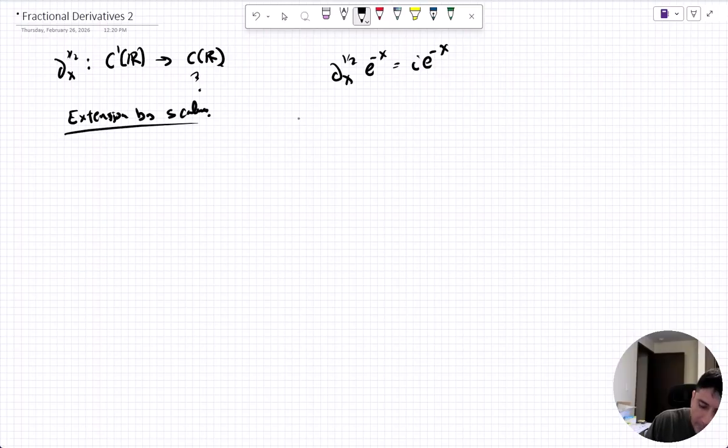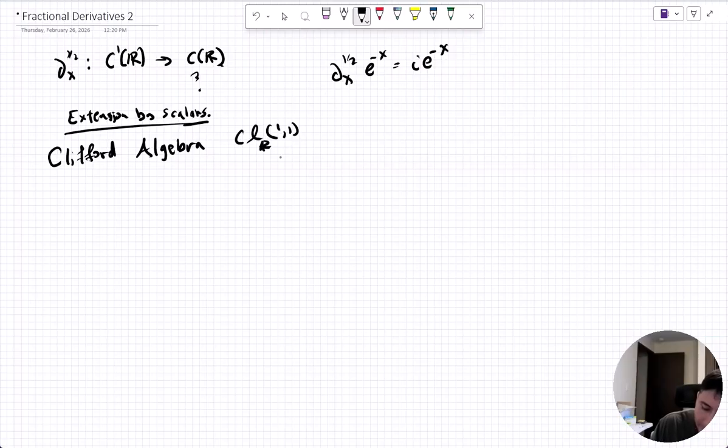Let me write this down more carefully. What we're going to do is consider the following Clifford algebra, Cl over R of (1,1), generated by x and y.